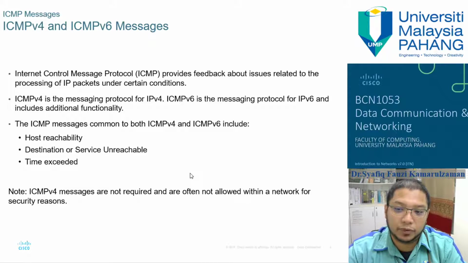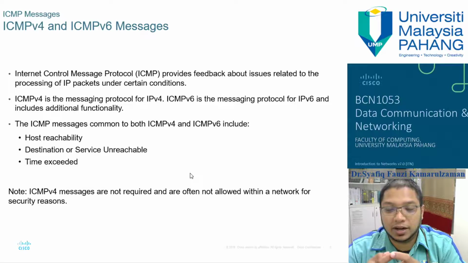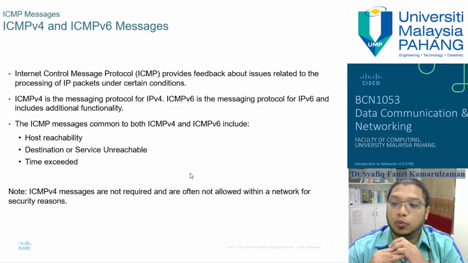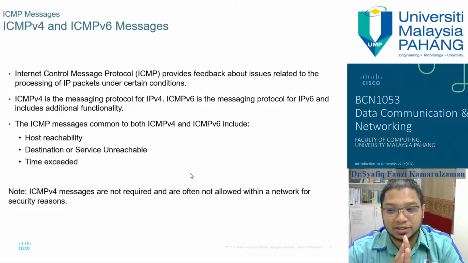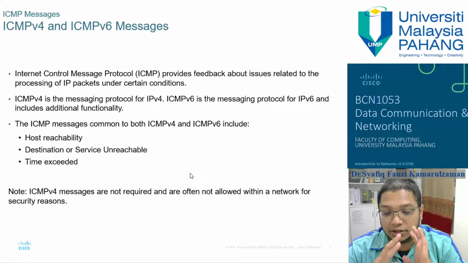If you conduct a ping test to any computer through a network, you will see this kind of information provided by the ICMP protocol. ICMPv4 messages are not required and are often not allowed within a network for some security reasons, for example problems related to spoofing or anything else related to the security of the network.